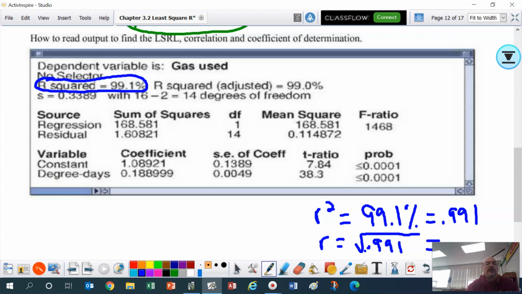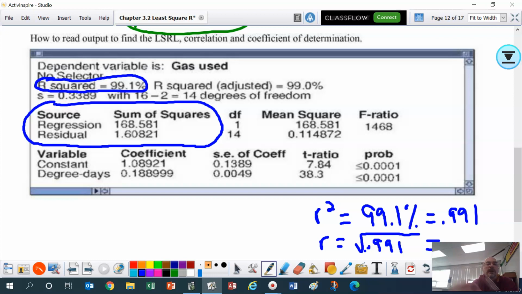Okay, what else do they tell us? Well, right here, they give us some information. Okay, the regression sum of the squares is 168.581. The residual, 1.60821. Okay, that doesn't tell us too much. This DF is degrees of freedom.